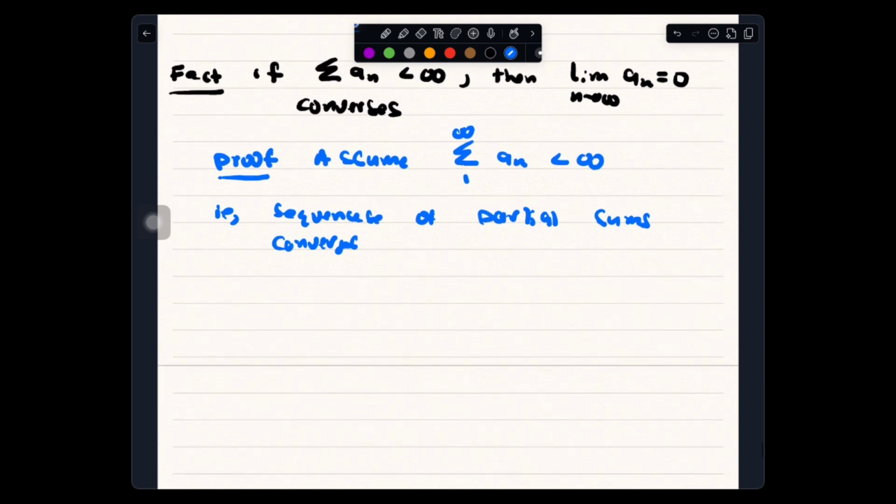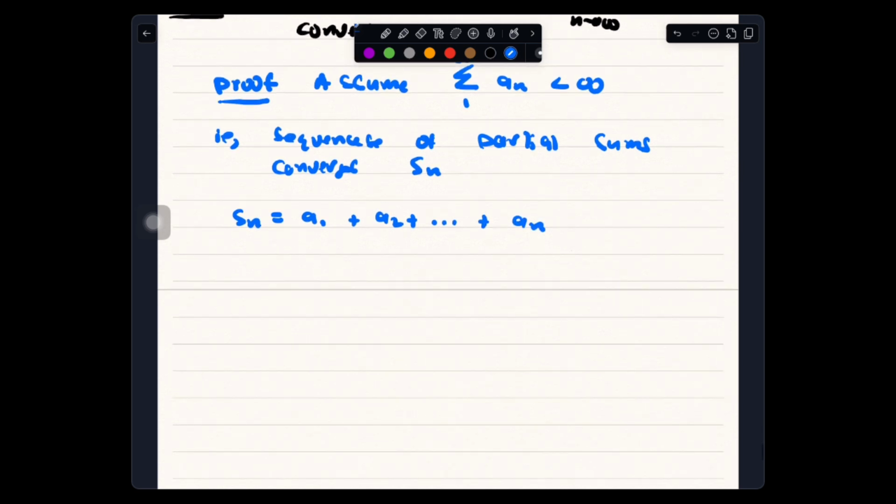And that's the Sn sequence. In other words, if we let Sn be the sum of the first n terms, which is what it is by definition, then we also know that the prior term, Sn minus 1, is really defined to be a1 plus a2 up to an minus 1.